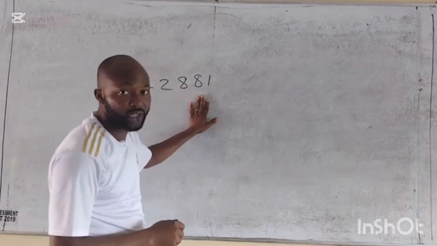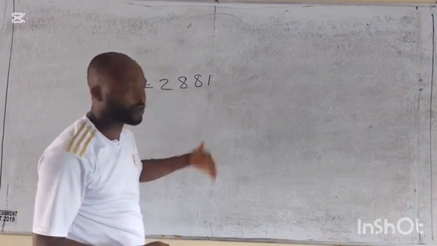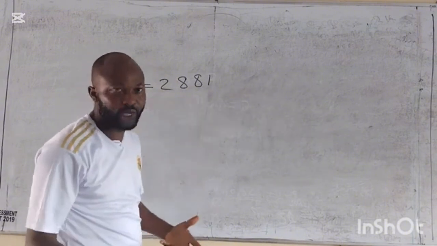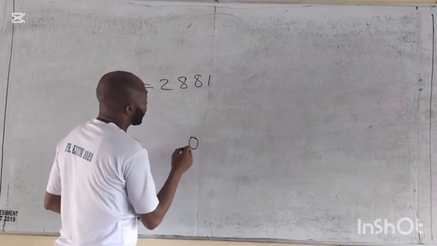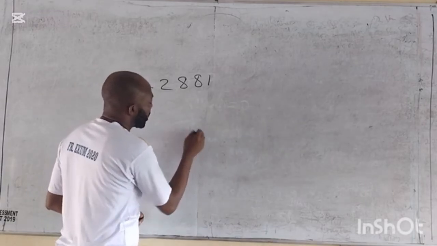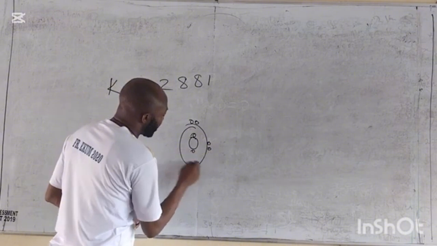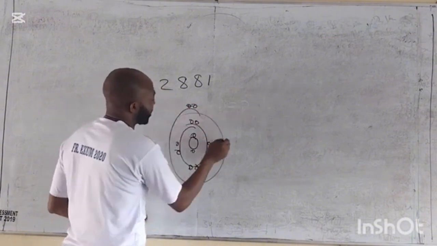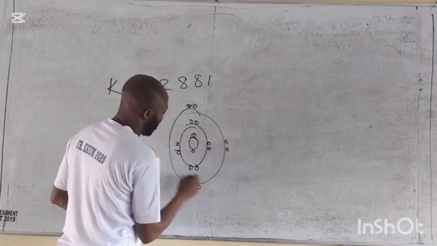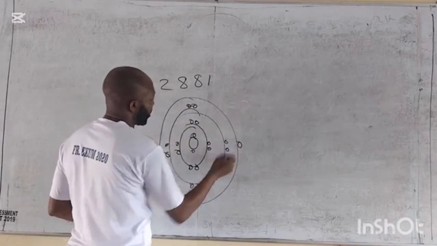This is the old method of determining the electronic configuration of potassium. Which means we can easily say potassium has, in the first shell, 2, in the second shell 8, in the third shell 8 again, and in the last shell it contains 1.